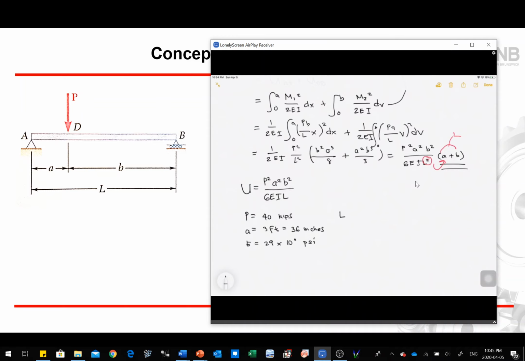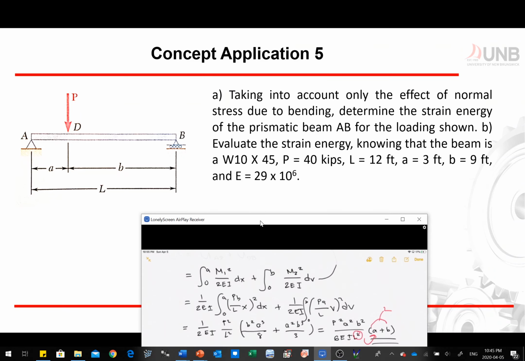So we have our L is equal to 12 feet, which is equal to 144 inches. So our B is equal to 9 feet, which is equal to 108 inches. Our I is equal to 248 inch raised to 4.